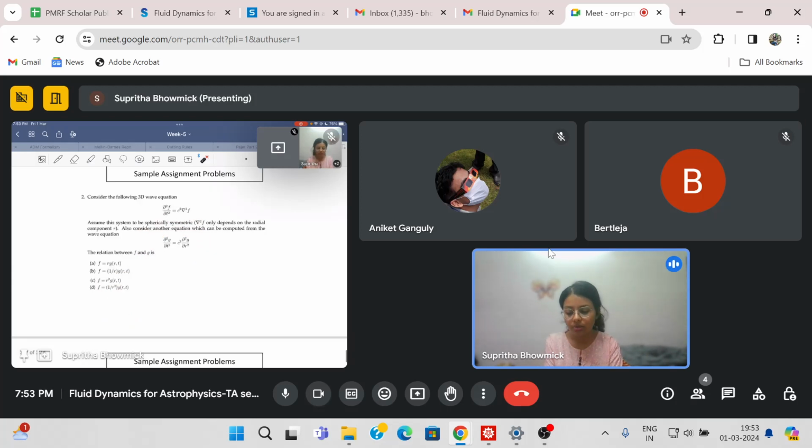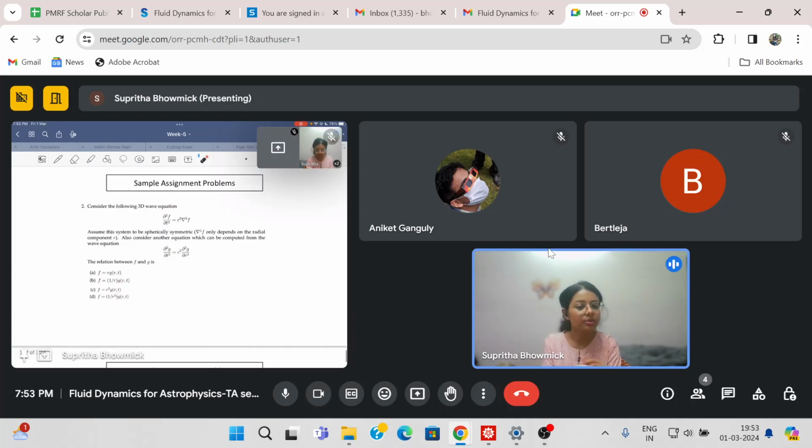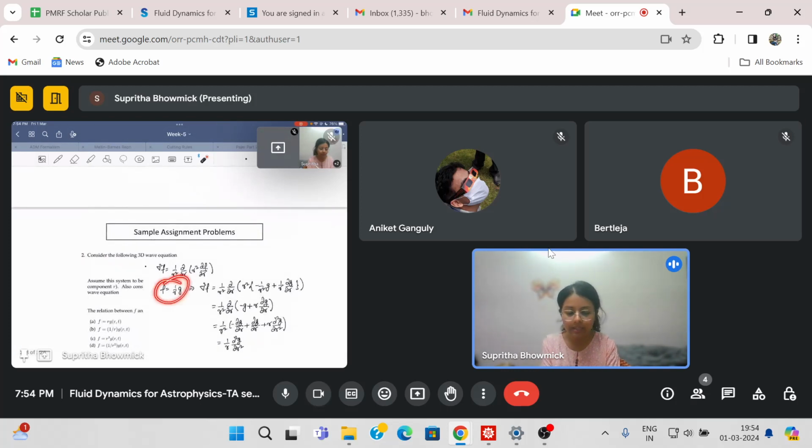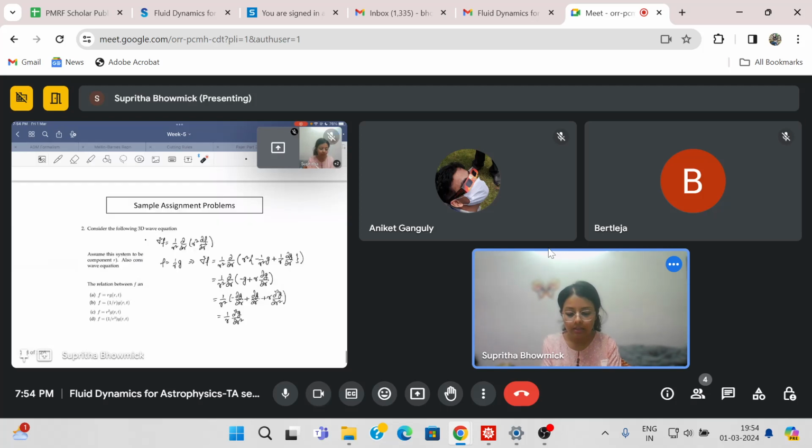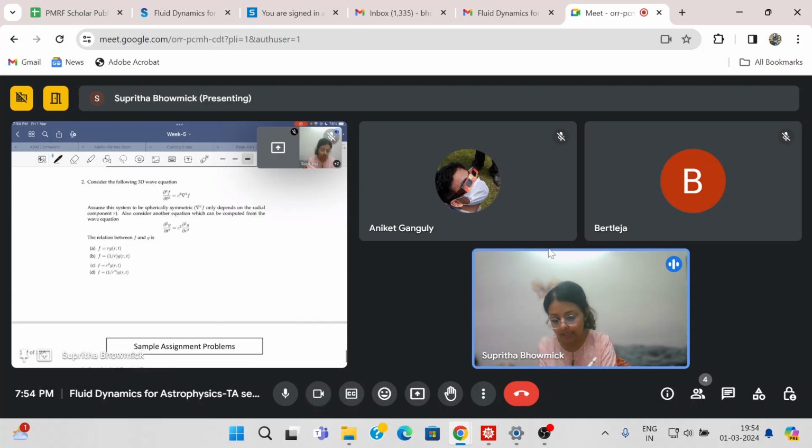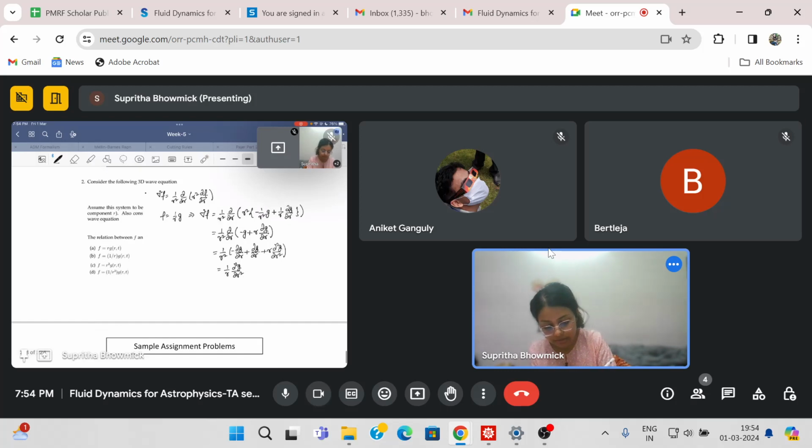So let me tell you what the correct option is, and you can try with other options as well. You will see that the correct option is this. If you take f as 1 by r times g and compute the Laplacian, which in spherical coordinates is 1 by r square, del r of r square del f del r, and just go through the steps, you will see that it's this. So on the right hand side, you have c square times the Laplacian of f, which is c squared by r del 2g del r2.